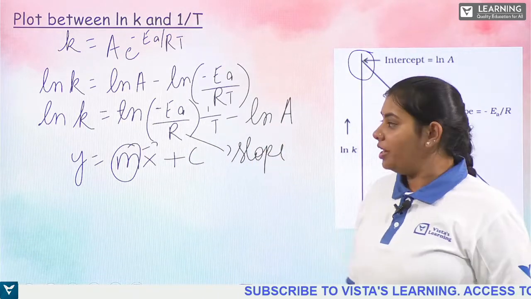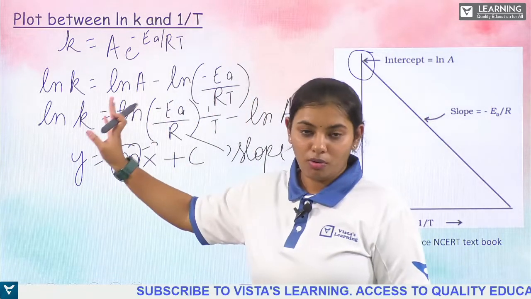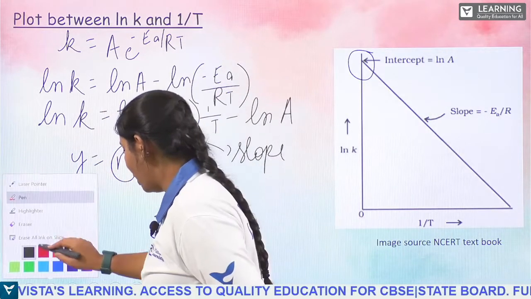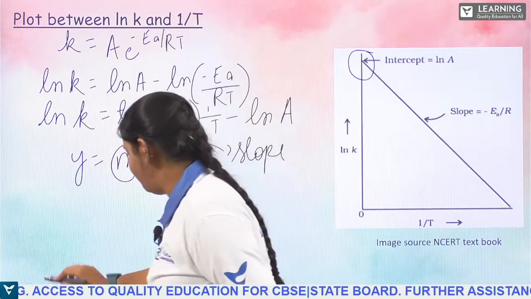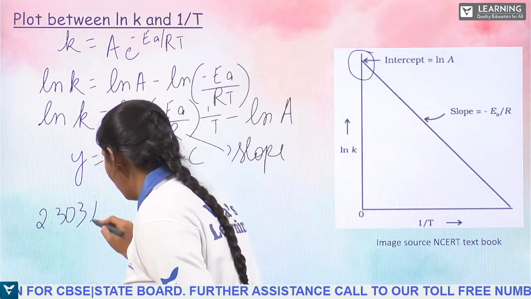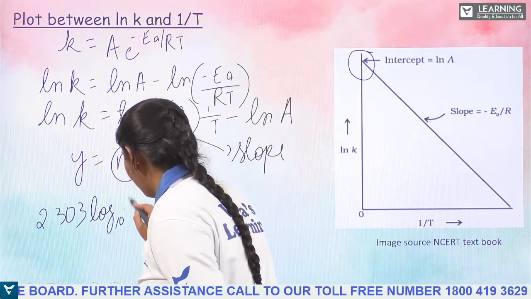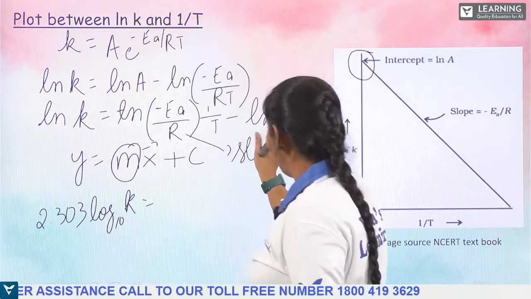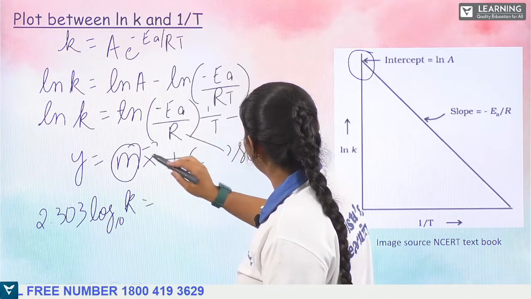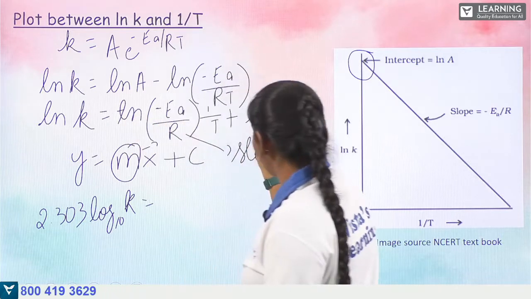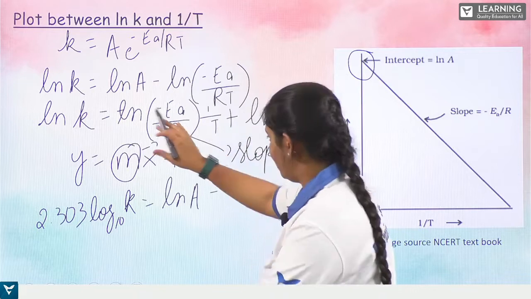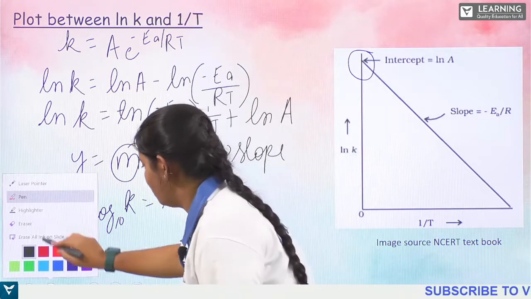Now if I'm taking log, converting it into log, what am I going to get? From ln, I'm going to convert it to log right now. So 2.303. I'll just bring ln A to this side.